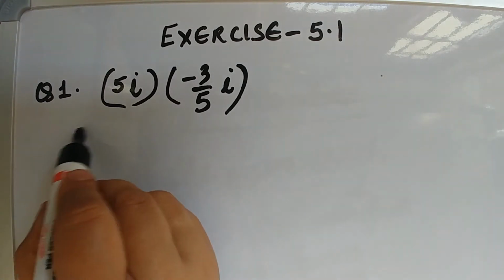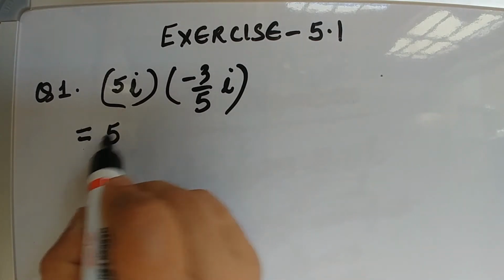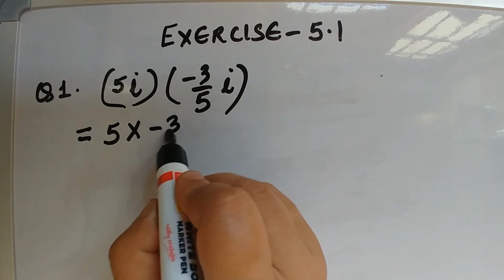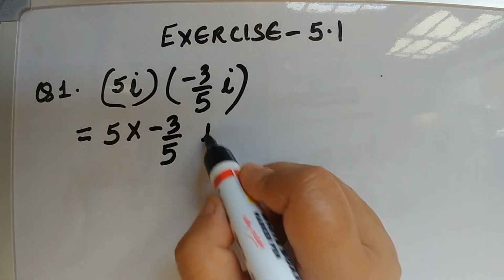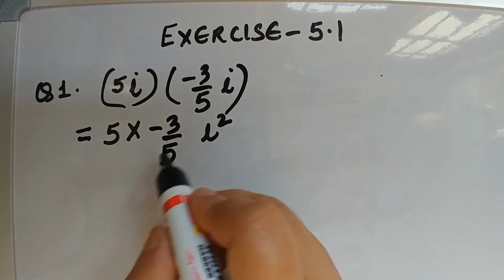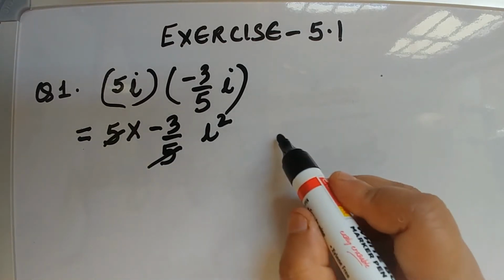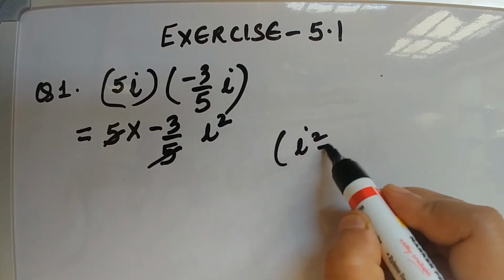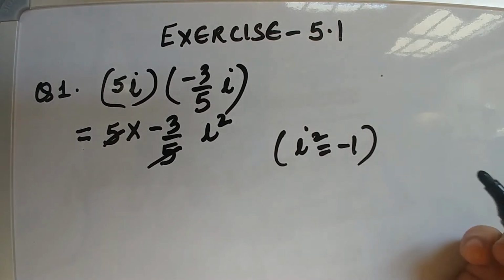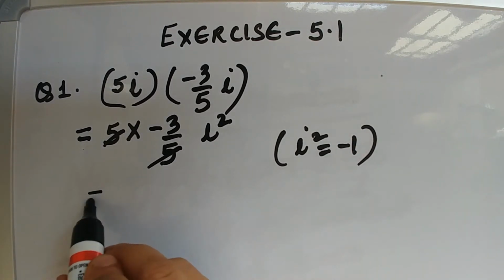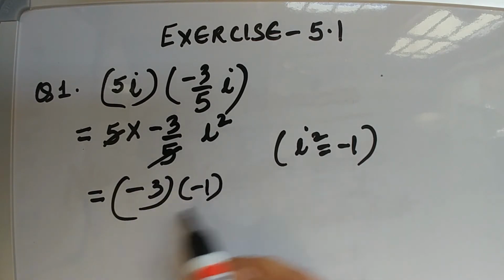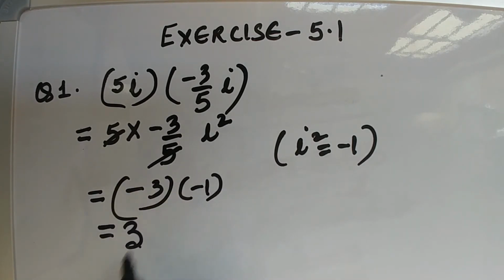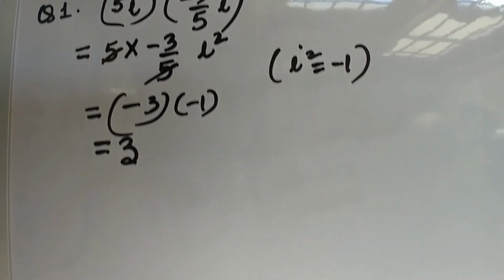Now you know that it will be opened as 5 into minus 3 by 5, and iota into iota is iota square. Now we know iota square is equal to minus 1. So I get the value as minus 3 into minus 1, that is equal to 3. So this is how question number 1 will be solved.